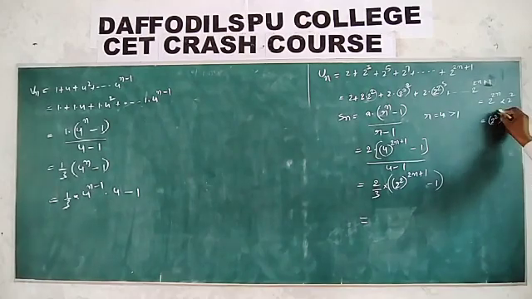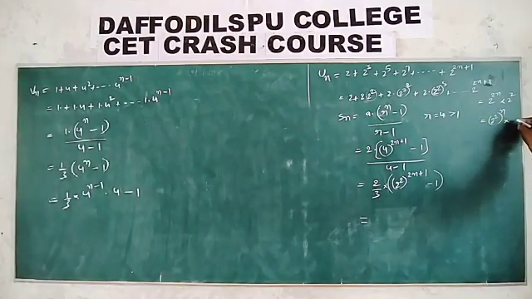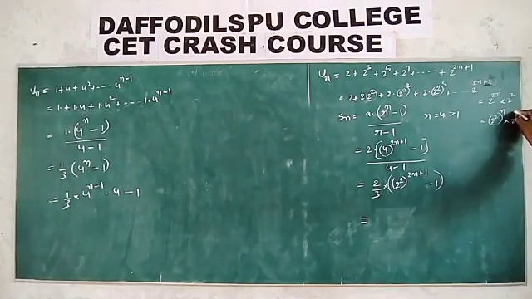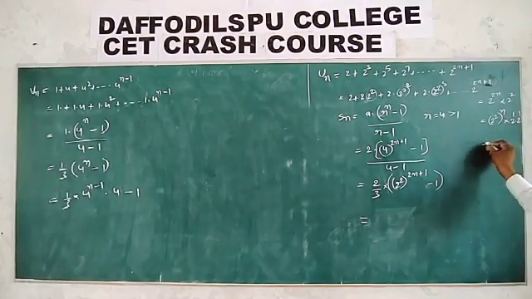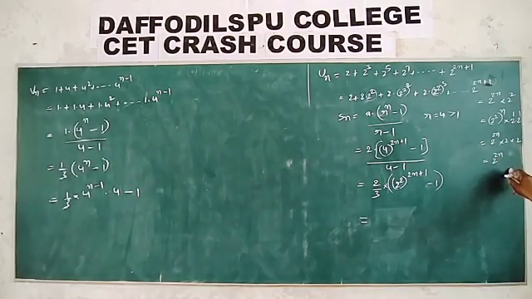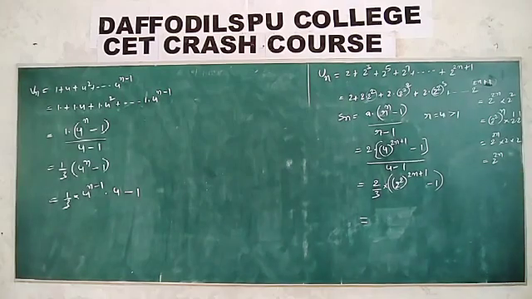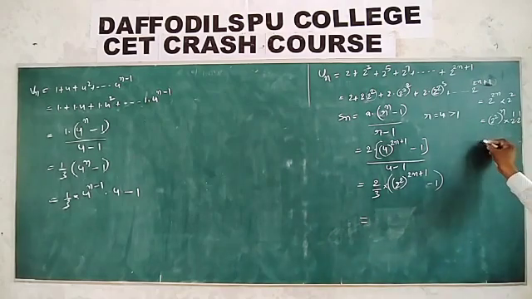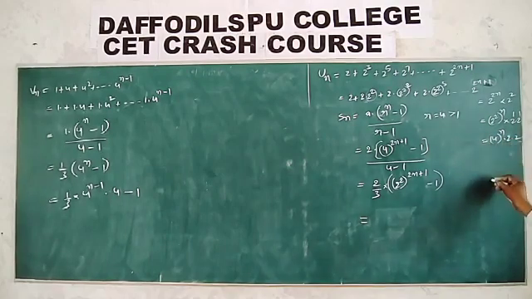This is equal to 2 square whole power n into 2 square, so 4 power n into 2 into 2.